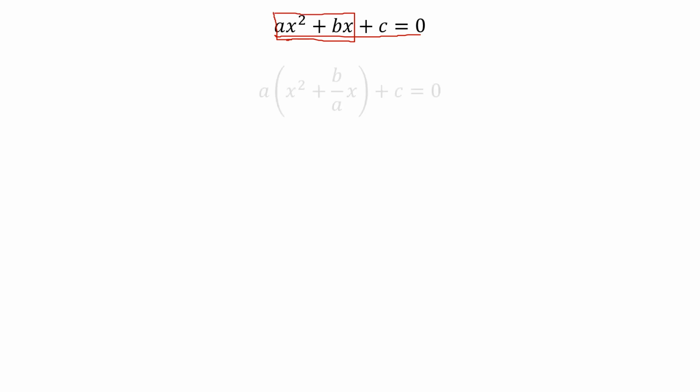If I take out a, I will remain with x squared plus b over a x. Please note that there is no a here, so if I take out a from the term that has no a, it will be that term over a.